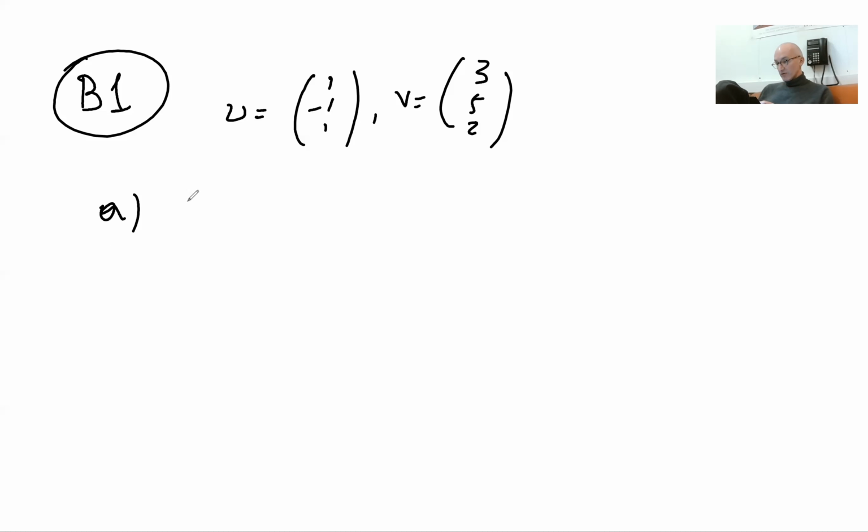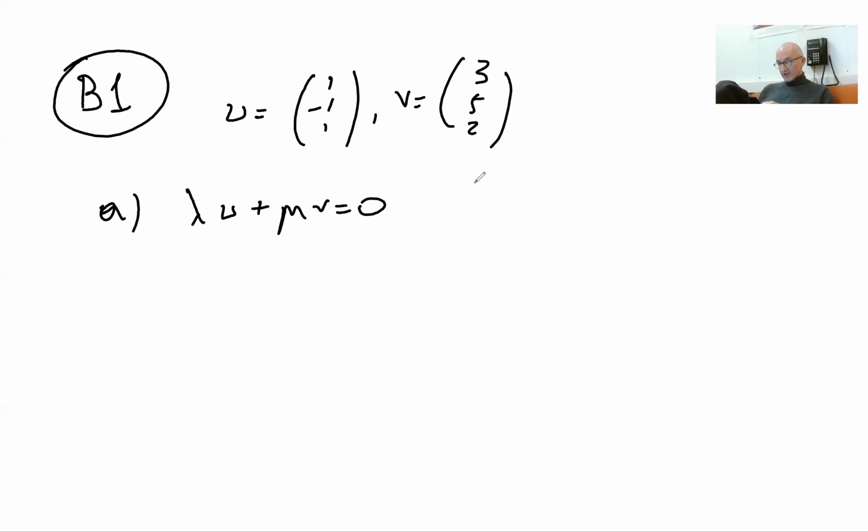There are several ways of checking this, but let's just do this by the book. We need to find when this linear combination is 0. If all such linear combinations are non-zero except for lambda equal to 0 and mu equal to 0, then these two vectors are linearly independent.